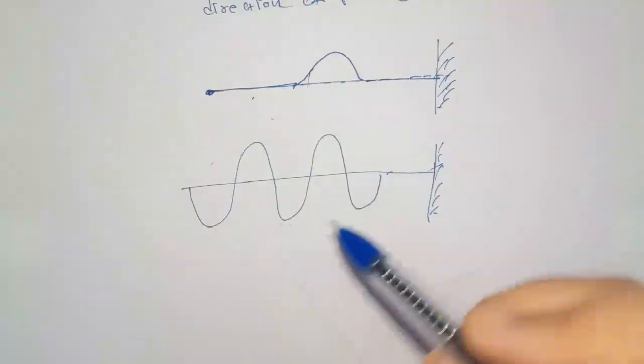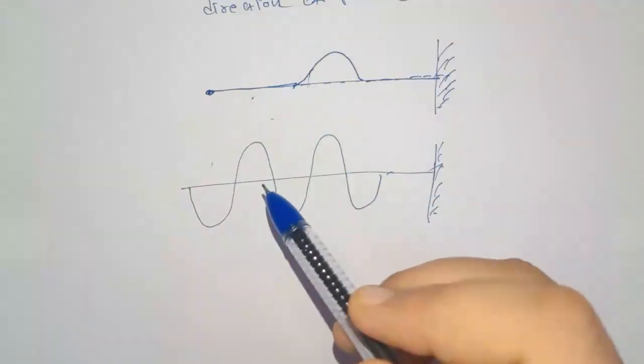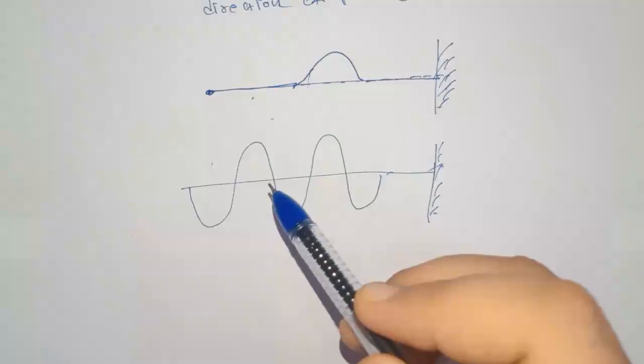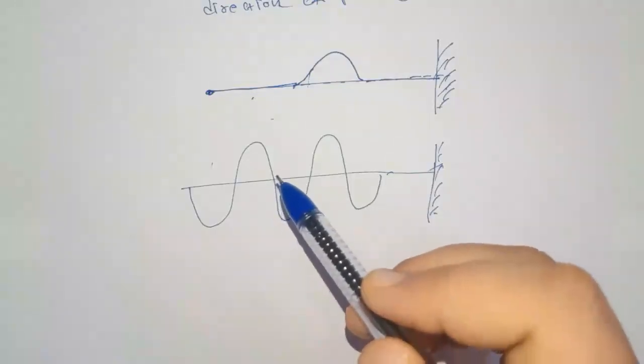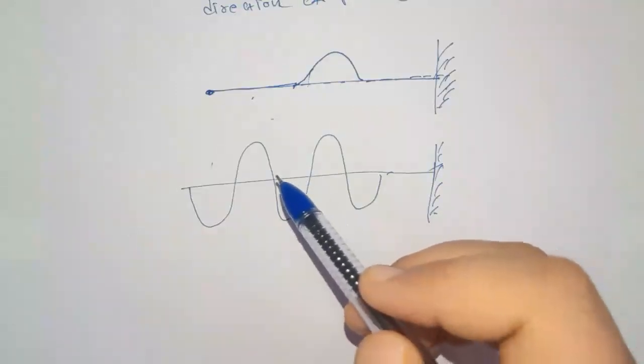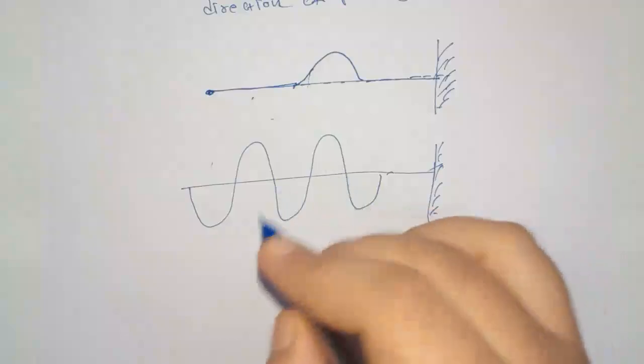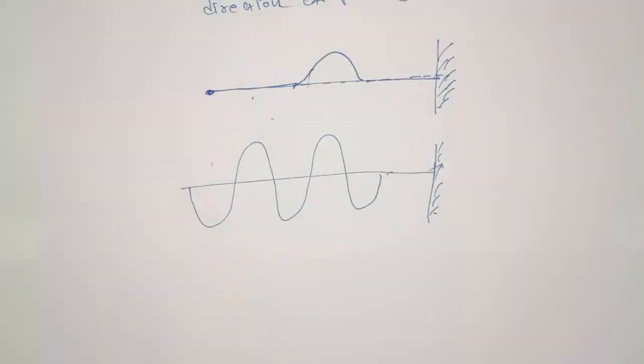The particles are not actually moving, they just oscillate up and down. So we can say that the particles of rope are oscillating about their mean position in a direction normal to the direction of wave motion. Hence, the transverse wave is created.